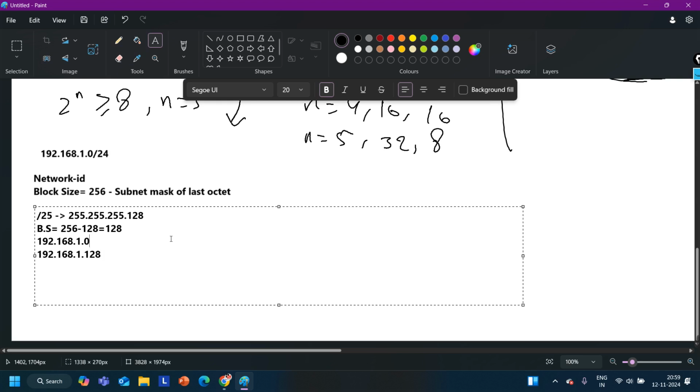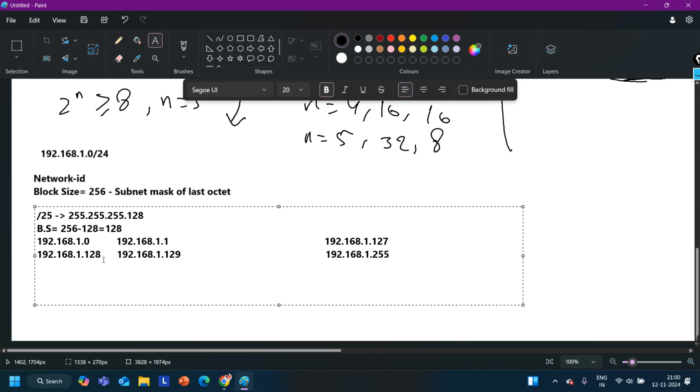Right? What is the first IP address of the first network? What is the last IP address of this network? 127, right? What is the first IP address of the second network? And what will be the last IP address? 255, right?